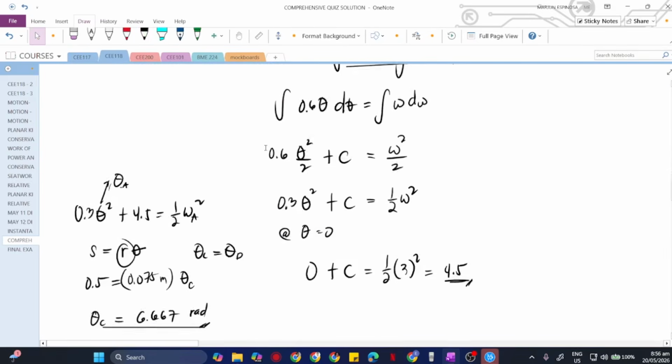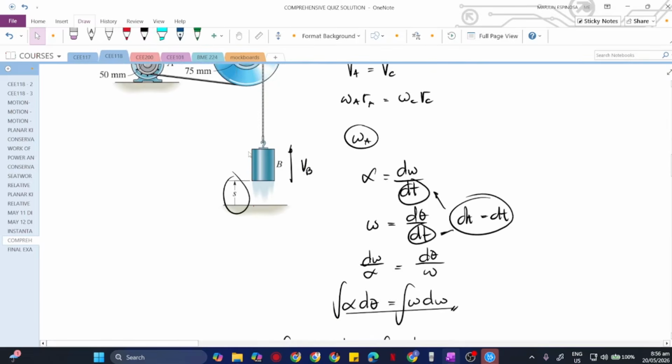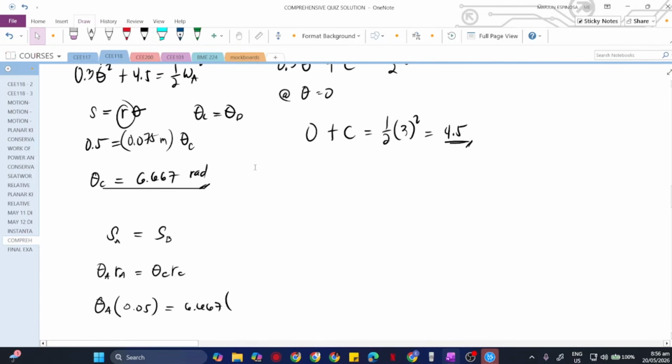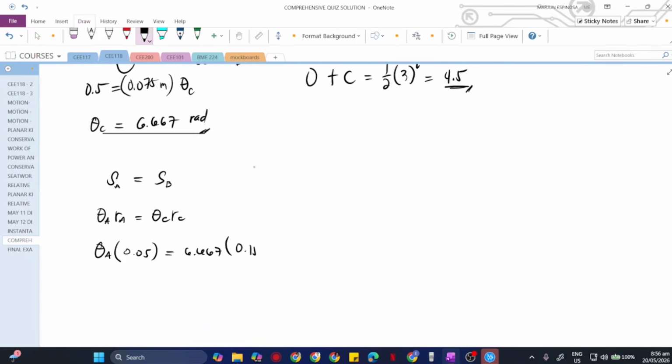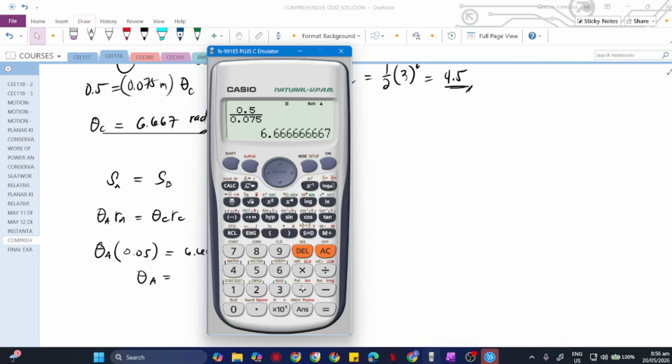Yung RC natin is equivalent to, radius ng C is 150 mm or that is 0.15. So, therefore, yung makakuha natin na angle θ or θA will be equivalent to, okay, multiply natin to by 0.15, divide natin by 0.05. You would get 20.